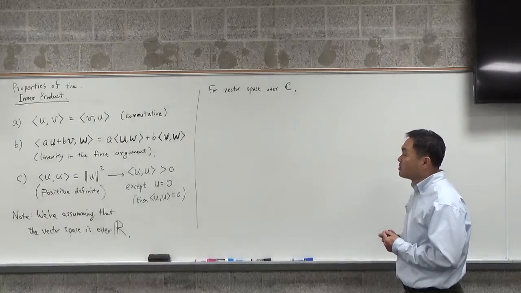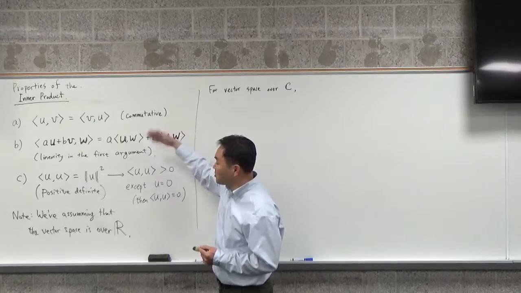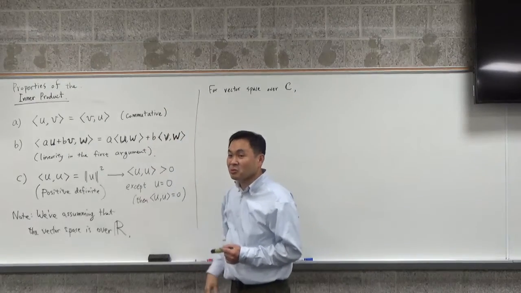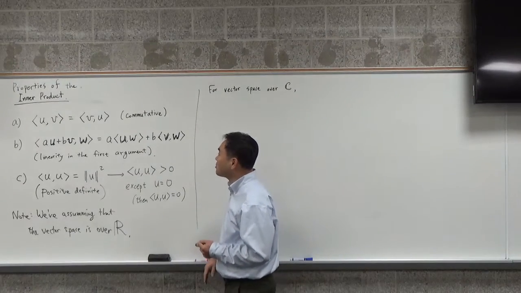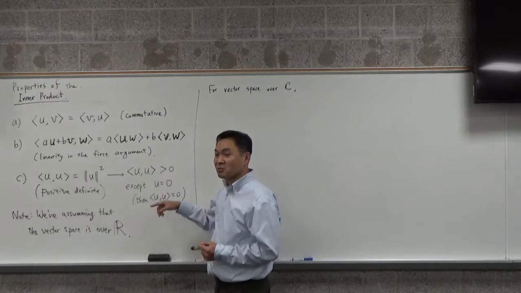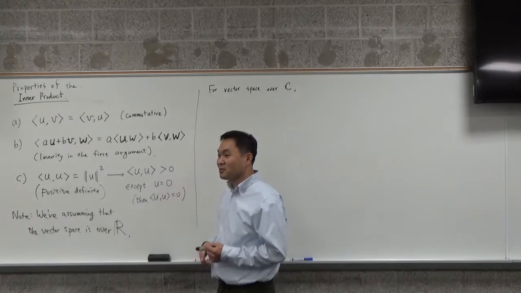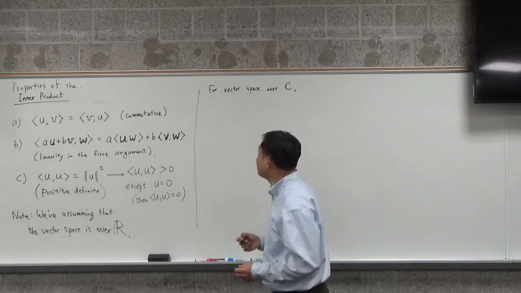And for that, people still want to retain as much of these properties as possible. I guess it's a matter of preference, but people realize that of these three properties, the most important one is this one. And for that to work, here's how they defined it.